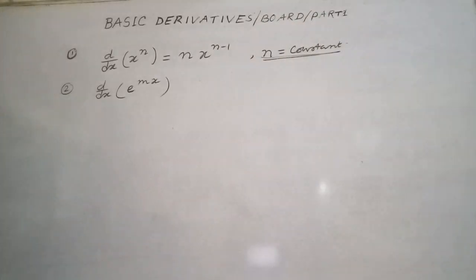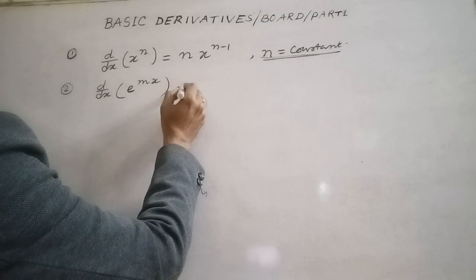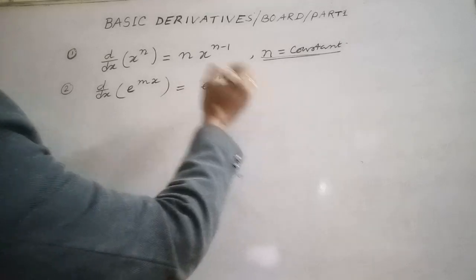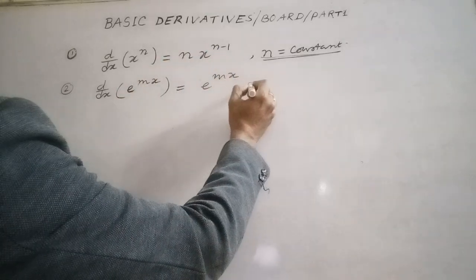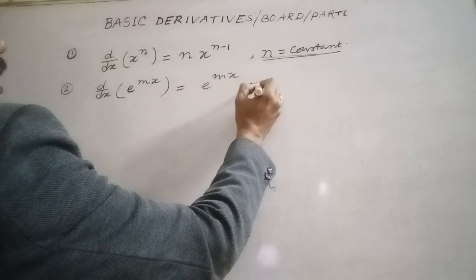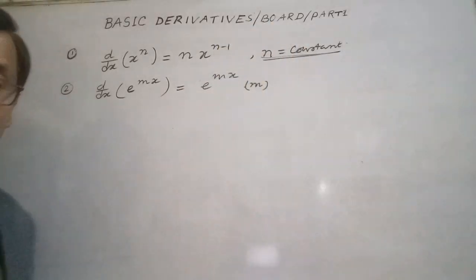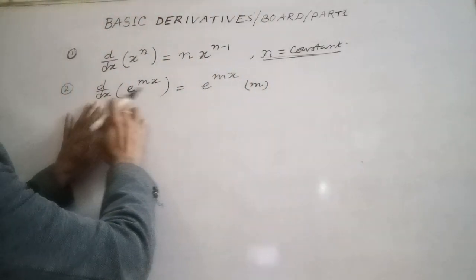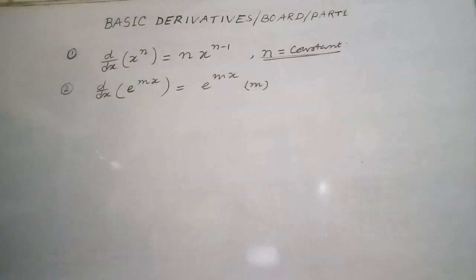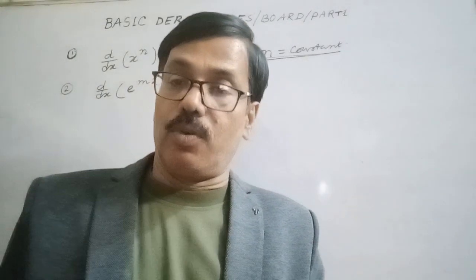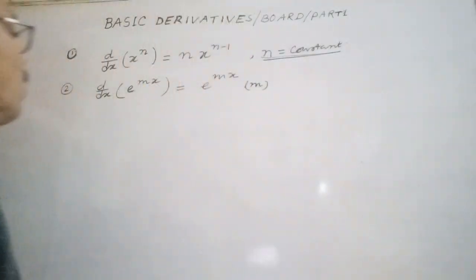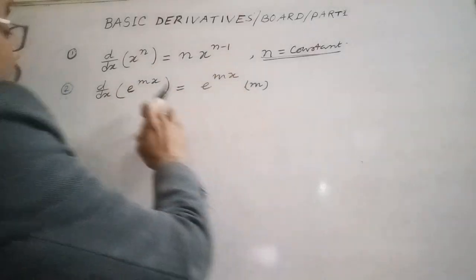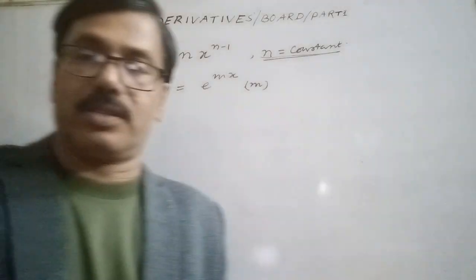So the derivative of e to the power mx is e to the power mx into the coefficient of x, so m into e to the power mx. Here also the same principle: if the power of e is a linear algebraic function, we can perform the derivative by this very rule.